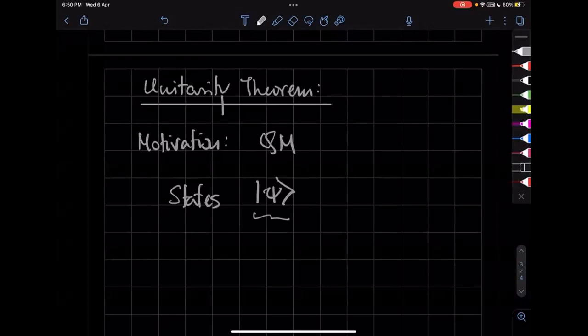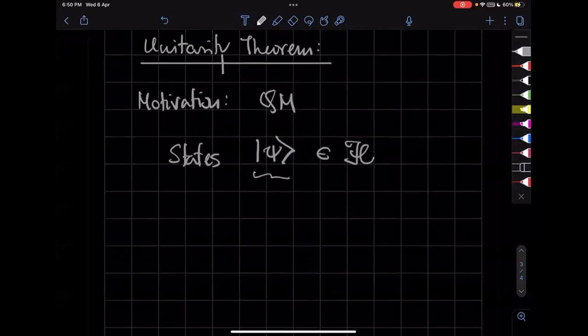So the state of the system is part of a vector space, H, and this vector space is called a Hilbert space.